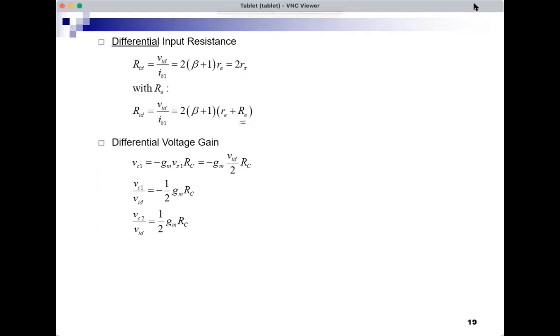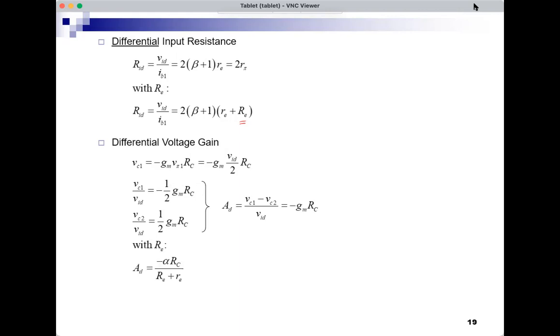So at the first collector, it's -1/2 GMRC. At the second collector, it's 1/2 GMRC. And of course, I can take the output voltage between the two collectors and this will give me double the gain. So I can get GMRC without the 1/2, plus or minus, depending on whether I take the plus of the output voltage at collector 1 or at collector 2.